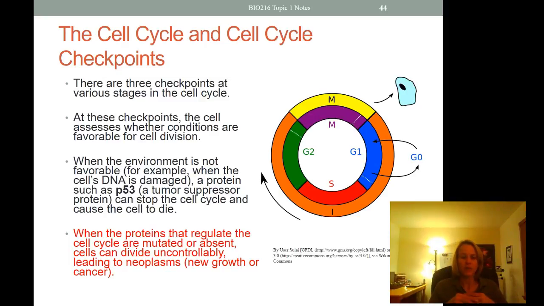When the environment is not favorable, for instance, if a cell has damaged DNA, then a protein such as p53, which is a tumor suppressor gene or protein, can stop the cell cycle and cause the cell to die. Now, when these proteins that regulate the cell cycle are mutated or absent, this can allow a cell to divide uncontrollably, and that can lead to cancer.